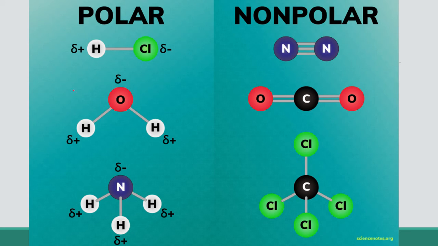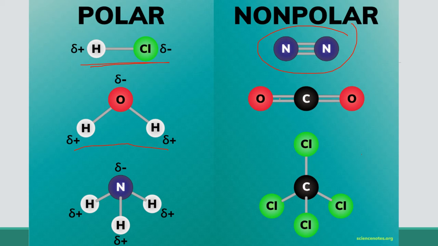So here's some examples of polar molecules. We've got a diatomic one at the top there. We've got water, and we've got ammonia. They're all polar molecules. Whereas on non-polar, we've got nitrogen here, and nitrogen's just diatomic between two atoms, and so it's not got any polar bonds.